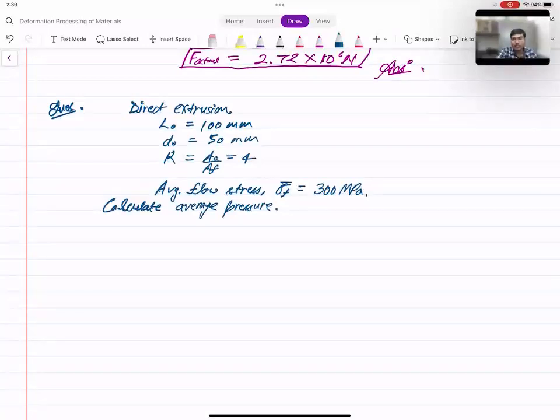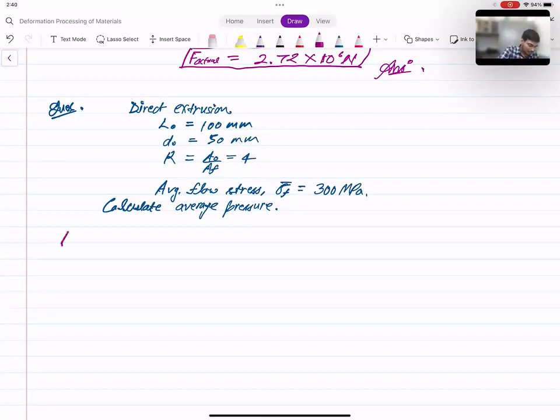But since it is being talked about in case of extrusion, we need to consider the parameters or reduction in cross section also due to the extrusion process. So to incorporate that, we need to consider the true strain also. Okay. So the average pressure will be nothing but the product of this average flow stress and the true strain. Okay.